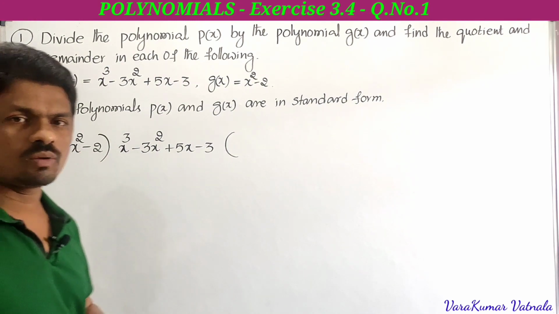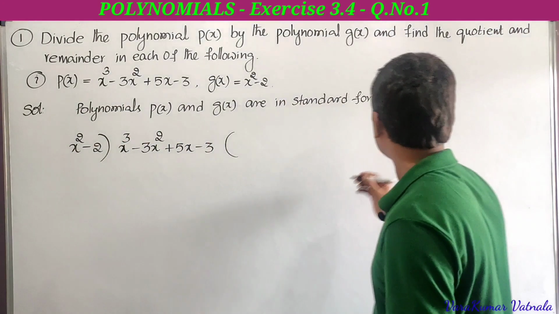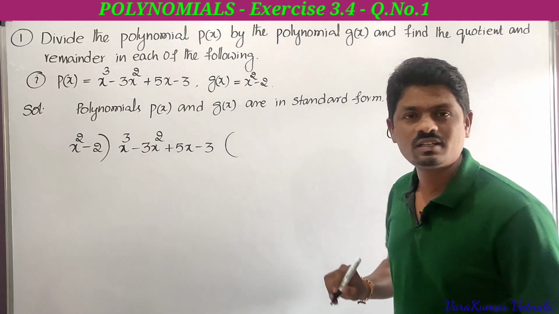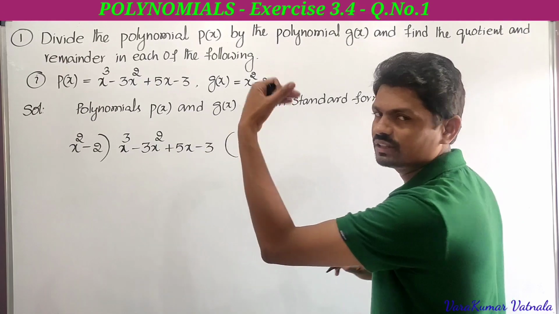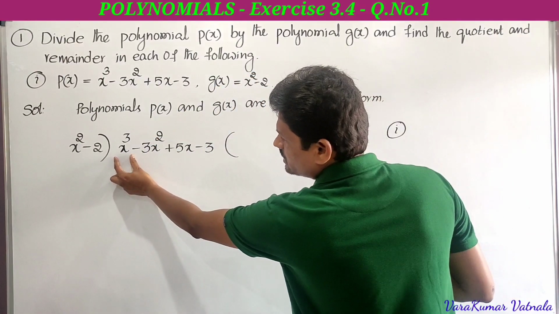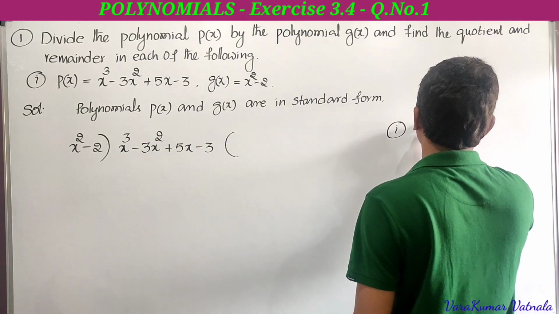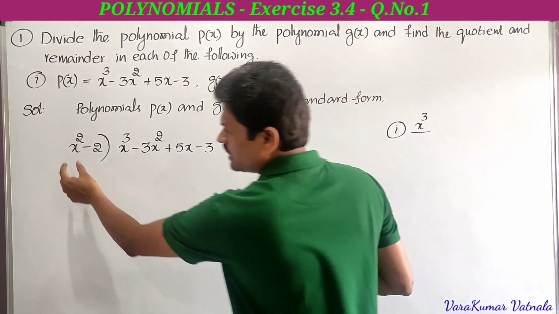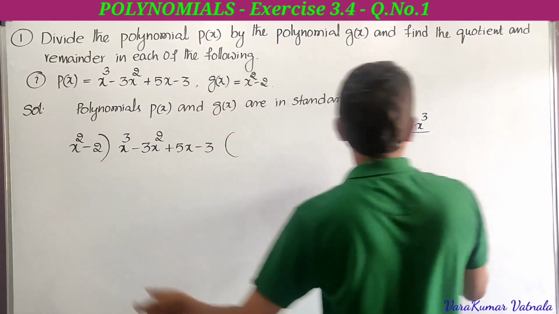So now the first step: divide the first term, the highest degree term of the dividend, by the highest degree term of the divisor. Here the highest degree term is x cube, divided by the highest degree term in the divisor, x square.